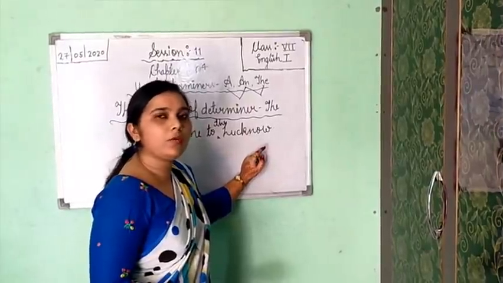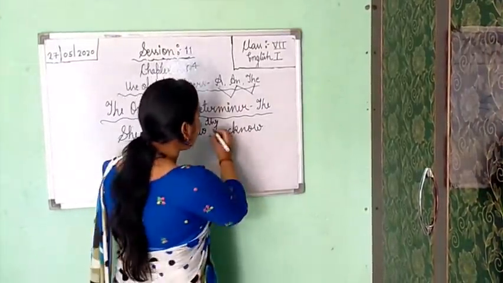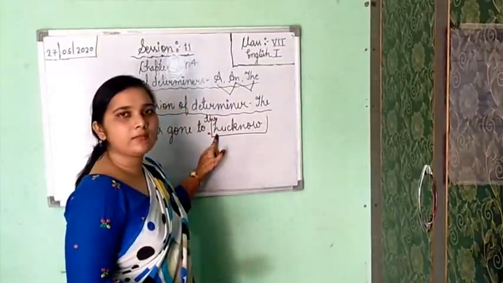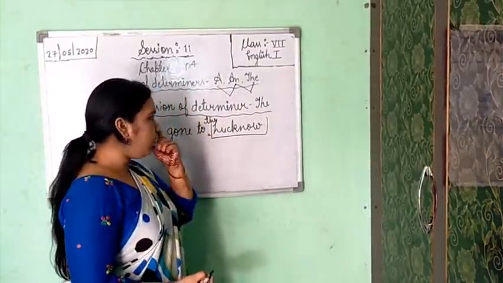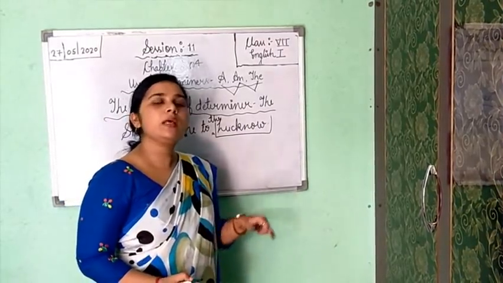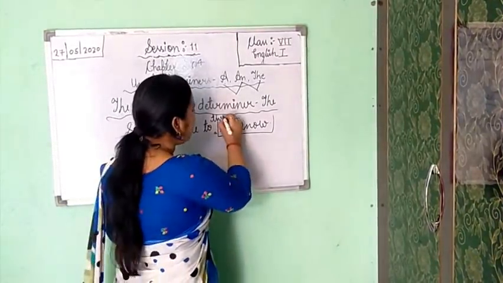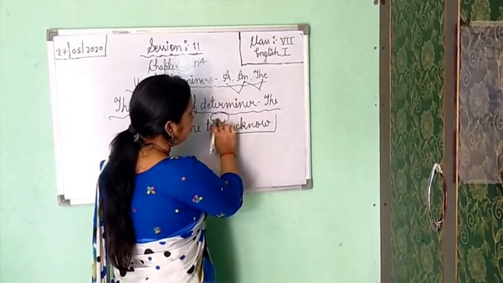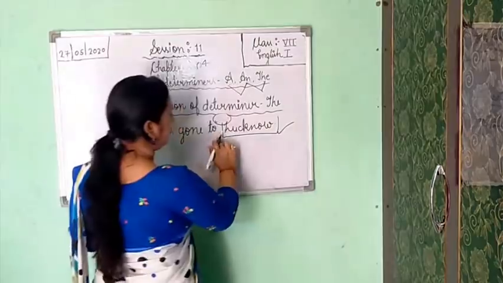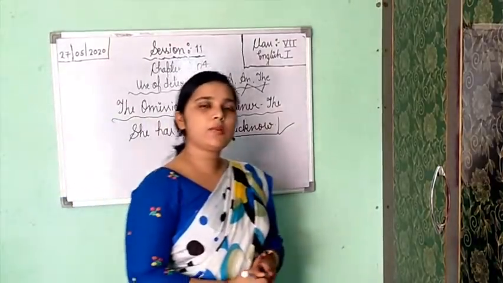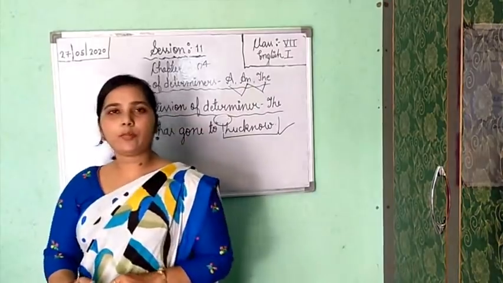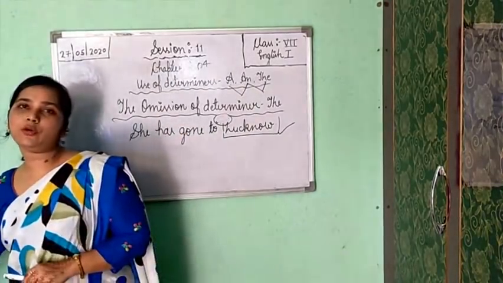It is the name of a particular place and it begins with a capital letter. That is why it is a proper noun. So always remember before a proper noun we will not use "the". She has gone to Lucknow is correct itself. If you are getting "the" before a proper noun, it is wrong.